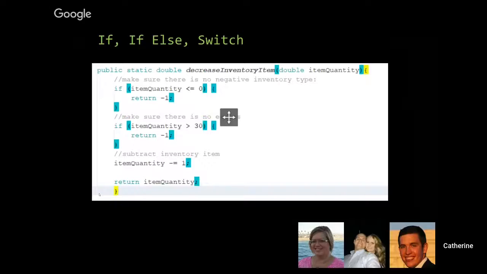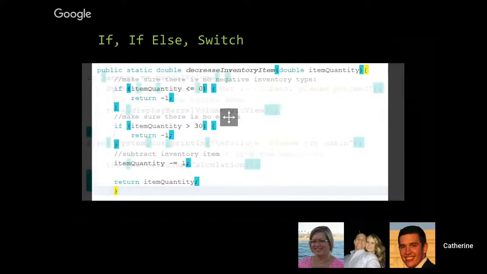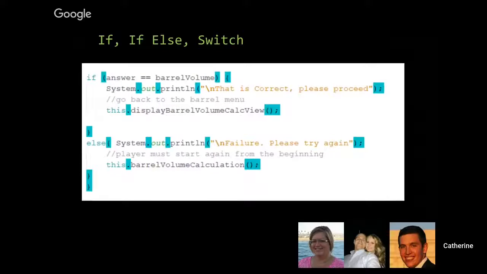This first one is for a decrease inventory item function. The if just checks the boundaries, making sure that it's not less than or equal to 0, and that it's not greater than 30. The else statement displays the first option.